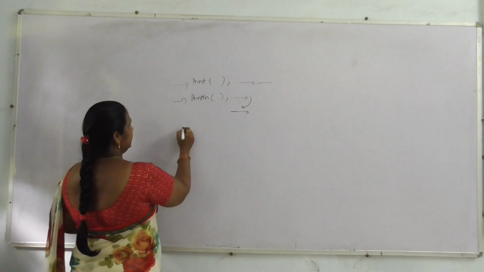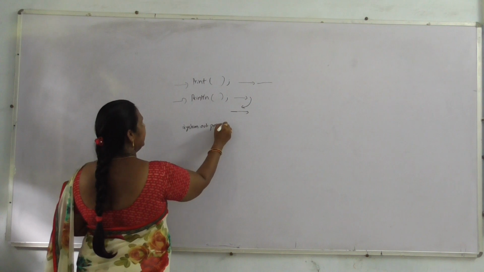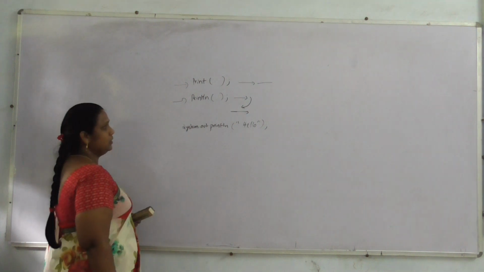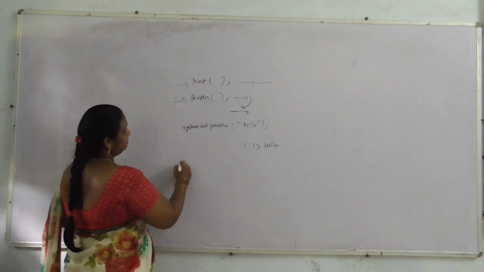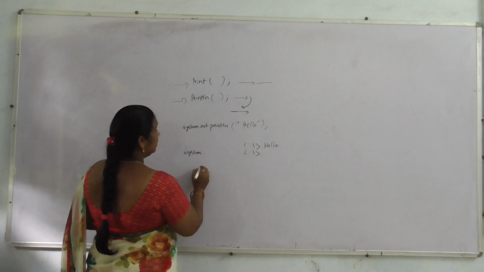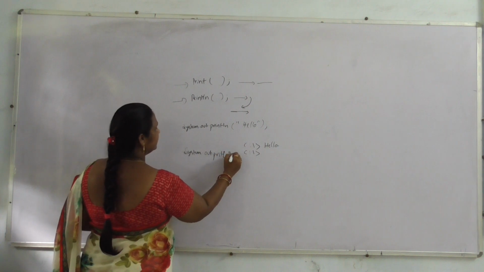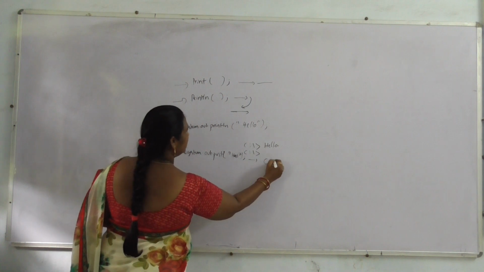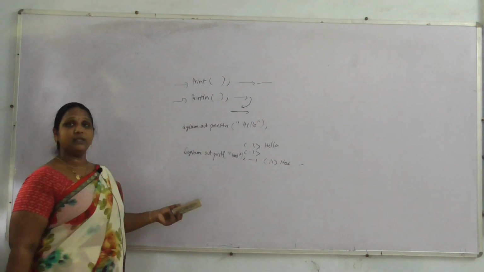Here, hello. The output will be like this: hello, and then the control comes to the next line. But in System.out.print, hi, the controller prints and waits here.